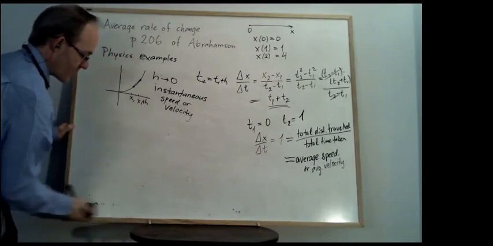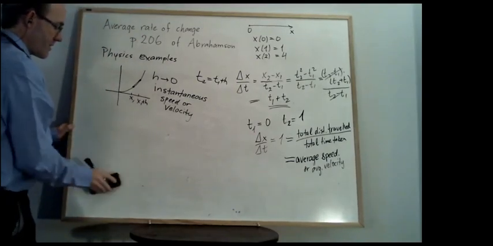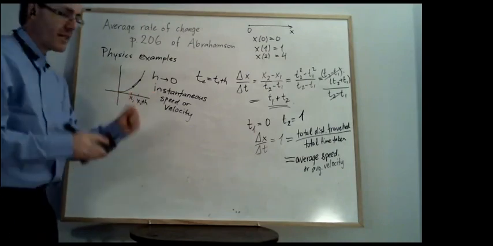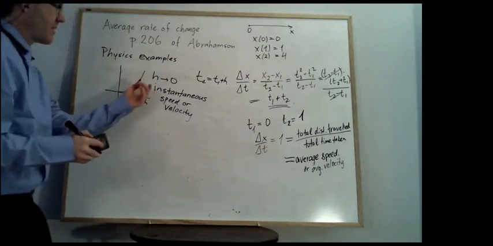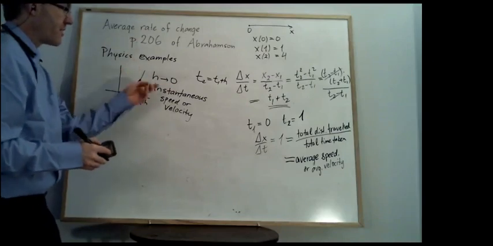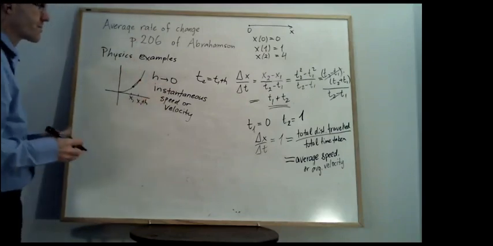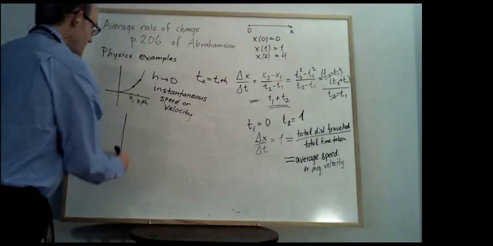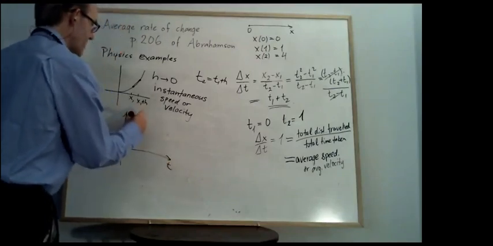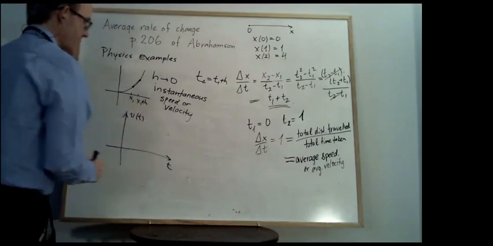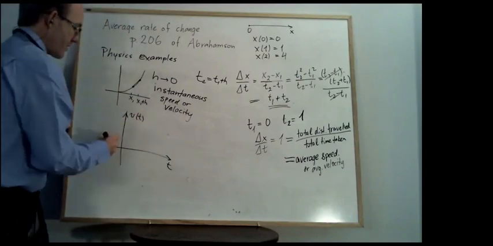Okay, and now this is what you would read on the car's speedometer. If you're driving, the speedometer will tell you your instantaneous speed or velocity. Now if you think of that as changing as a function of time, you'll get a graph like this.